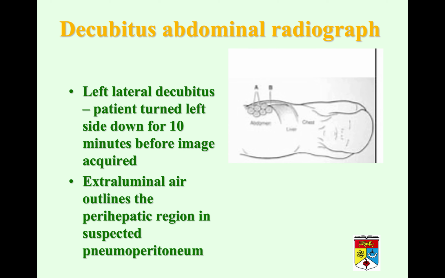The purpose is that the air that goes to the non-dependent part of the intra-abdominal cavity will then track towards the lateral side, because this is the most non-dependent portion, and hopefully you can see the air, which is an extraluminal air outline.